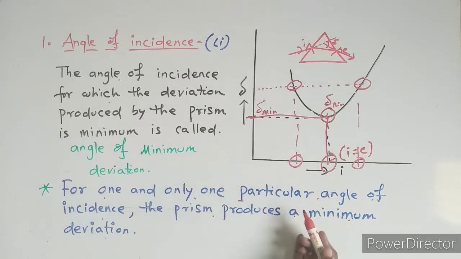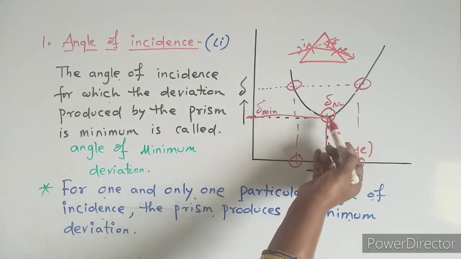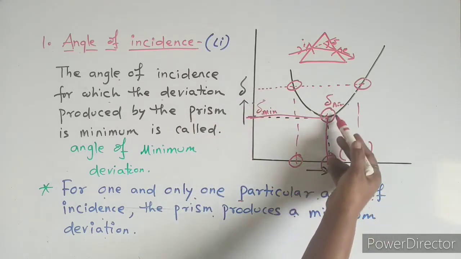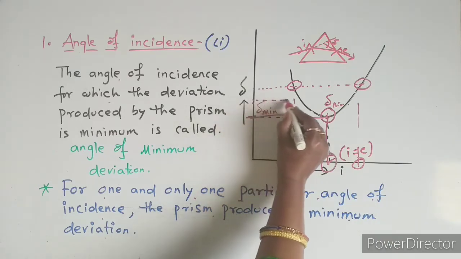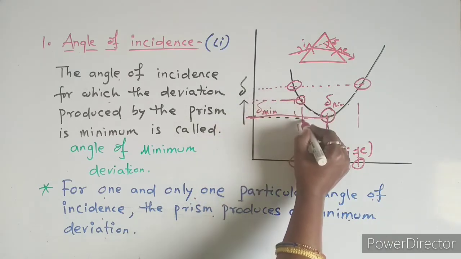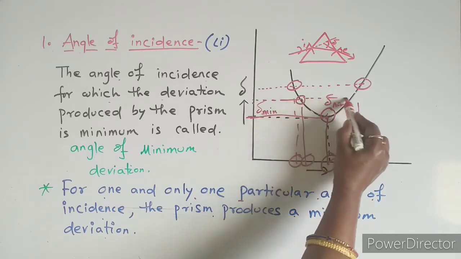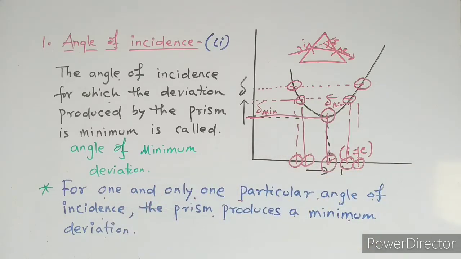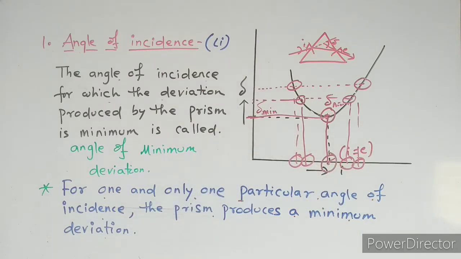In other cases, except the minimum angle of deviation, for other positions of delta you will get two such angles of incidence. For example, another point here: for this one there will be that angle of incidence, and this one is also an angle of incidence for you. But for the minimum angle of deviation, there is one and only one present here.